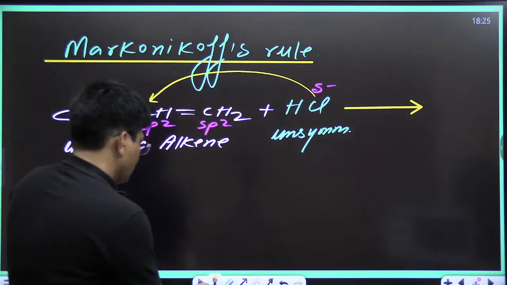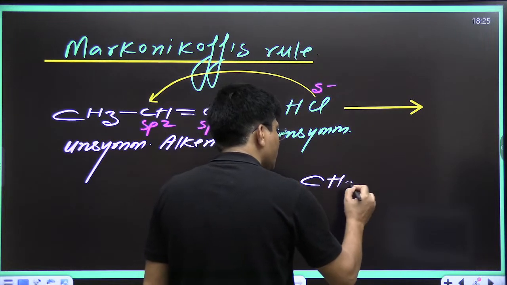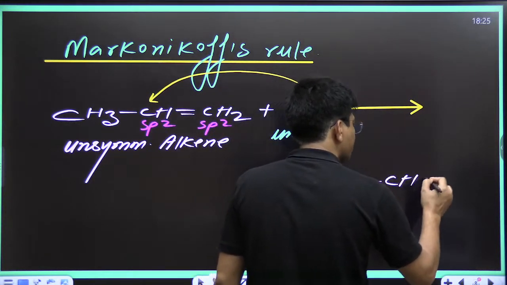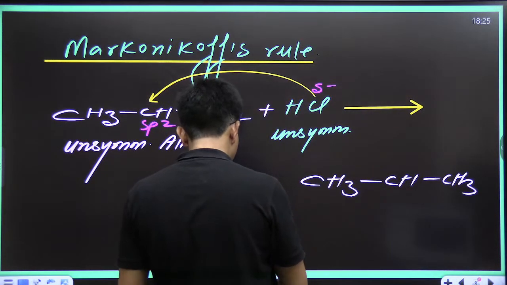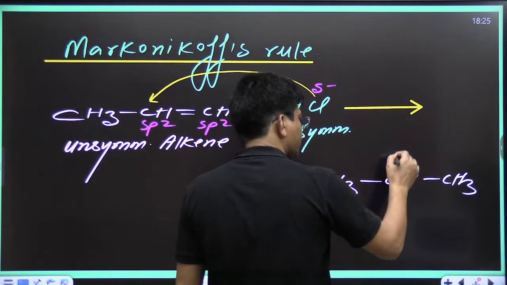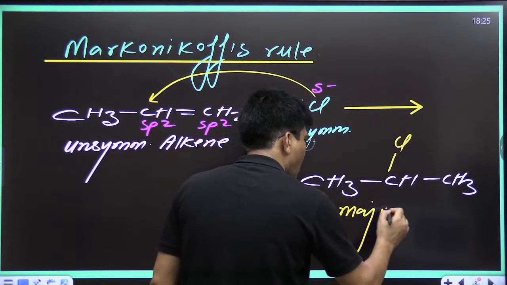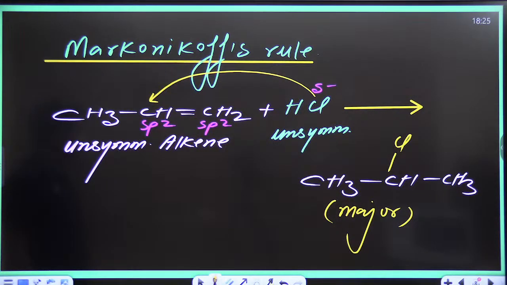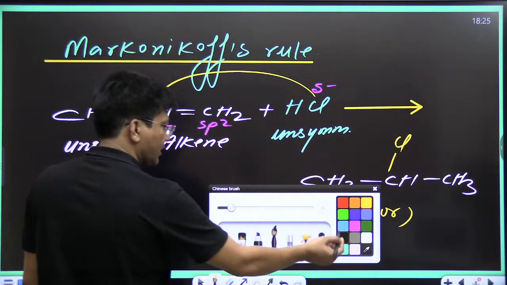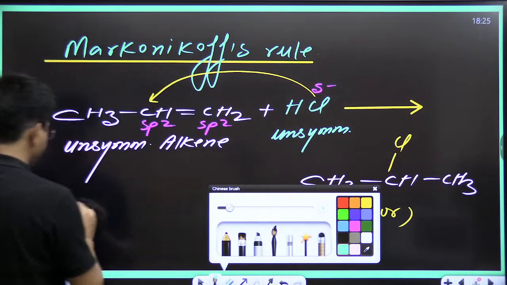Now see, the product formed will be like this, CH3, CH3 and Cl. My dear students, this is the major product formed. Now how will you define Markovnikov's rule?